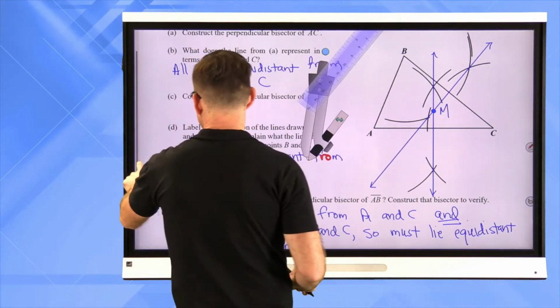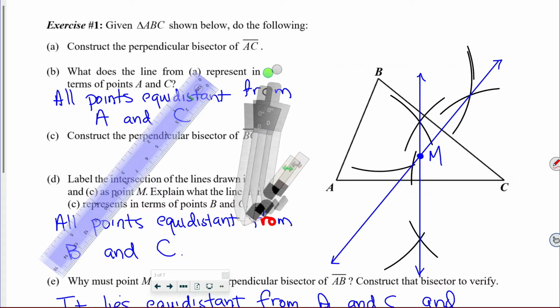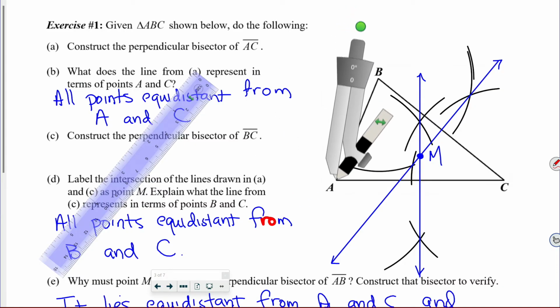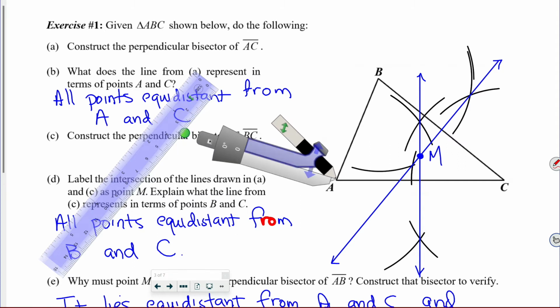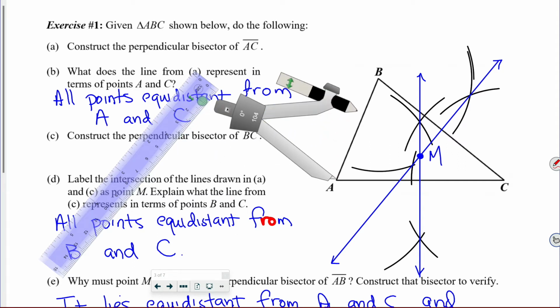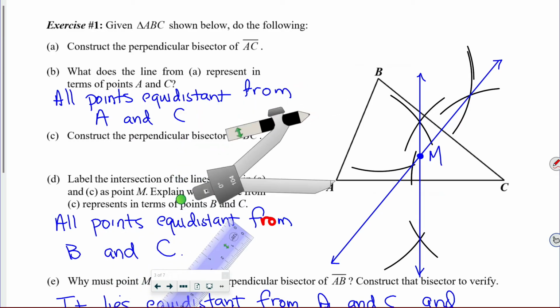All right, here we go. Oh boy, this is the moment of truth every time. Moment of truth on these. So I'm going to do the perpendicular bisector of AB. So we will do what I've been doing, which is make that compass a little bit more than half the length of AB, and move my irritating ruler out of the way.